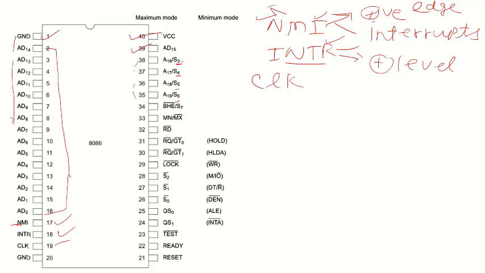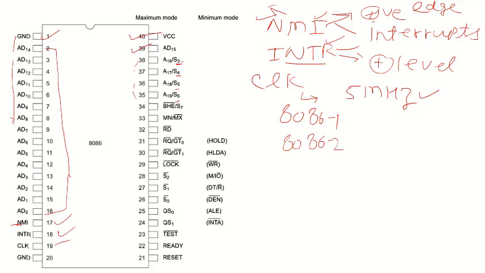For this we need a clock, and the 8086 microprocessor has a 5 megahertz clock. Okay, so the standard 8086 microprocessor has a 5 megahertz clock, and there are two more versions, called 8086-1 and 8086-2.